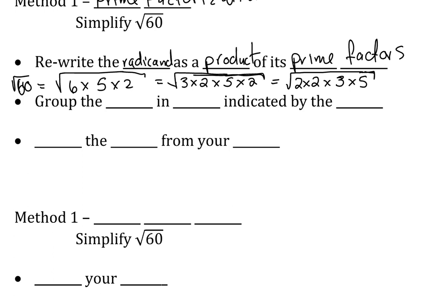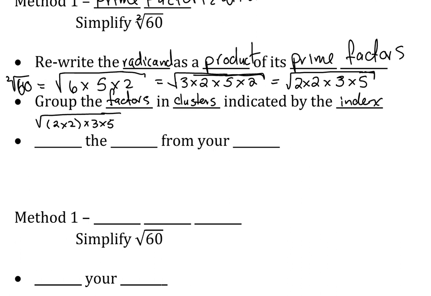Then group the factors in clusters indicated by the index. Remember, if it's a square root of 60, the implied index is 2. So we need to find numbers in groups of 2. So I'm going to say the square root of 2 times 2 times 3 times 5.